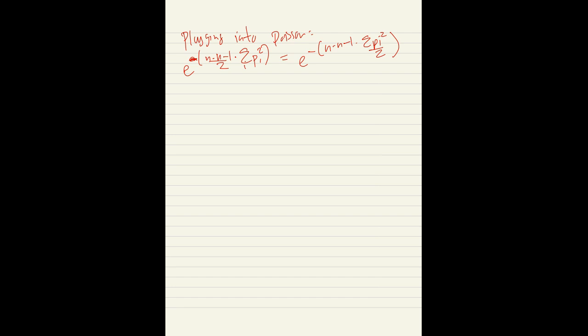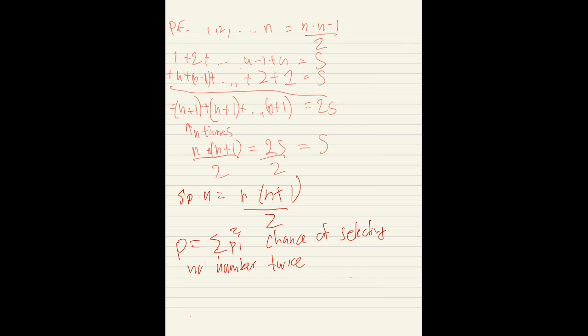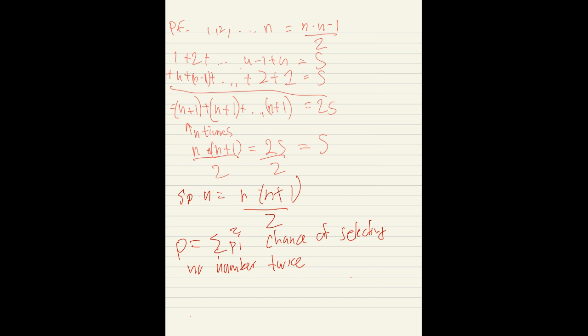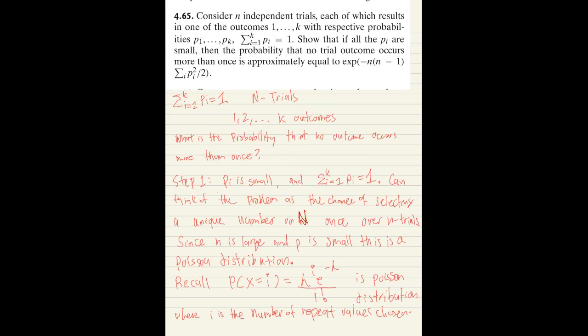And then once we plug that into the Poisson, where i is equal to 0 for 0 same outcomes, we get the results. So it's e to the negative, but in the question, lambda is given, right? Lambda is the mean. So lambda is n times p. Hold on a second.